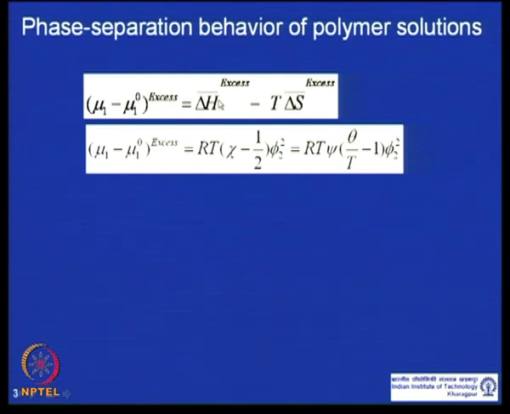Both these excess terms are also dependent on temperature, and you can also express them in terms of the polymer solvent interaction parameter and finally the entropic parameter. Now chi, the polymer solvent interaction parameter, is also temperature dependent.